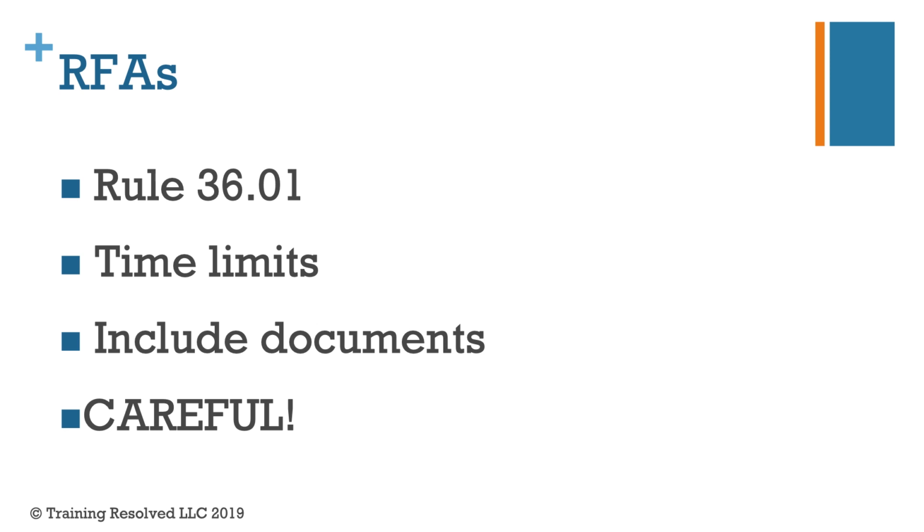It could also say, admit or deny that, and then it will have a document. If there is a document that there is a request for admissions for, the document has to be attached to the request for admissions. You don't have to go out and try to find that document, or the client doesn't have to go out and try to find that document for themselves. It has to be attached.